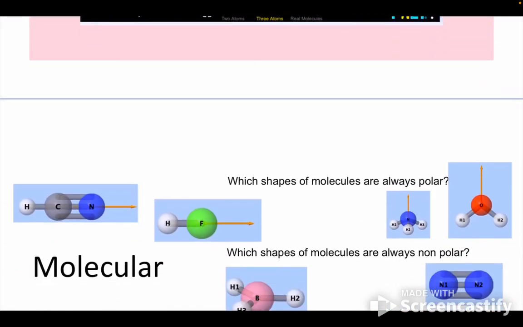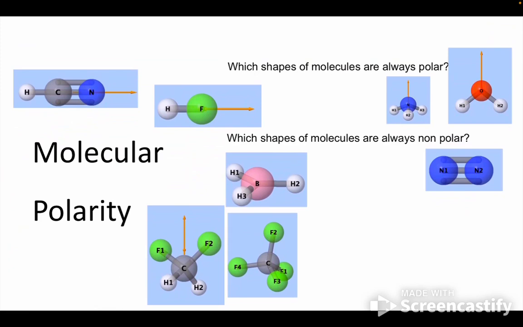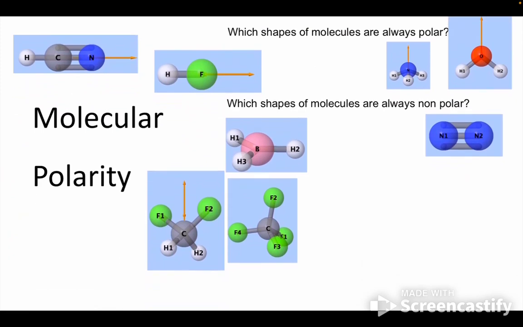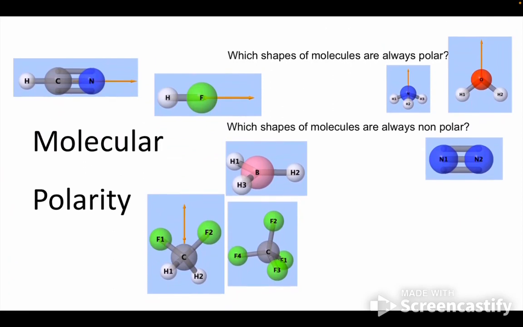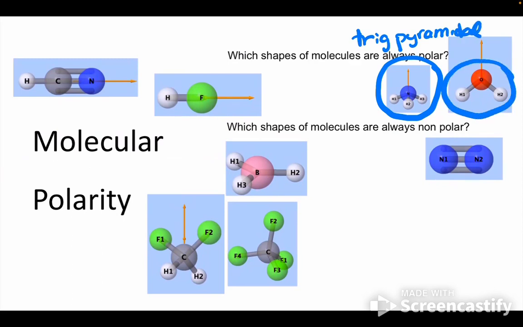When we do the PhET, you're going to discover that some shapes are always polar because they're not symmetrical, which are the trigonal pyramidal and also bent.